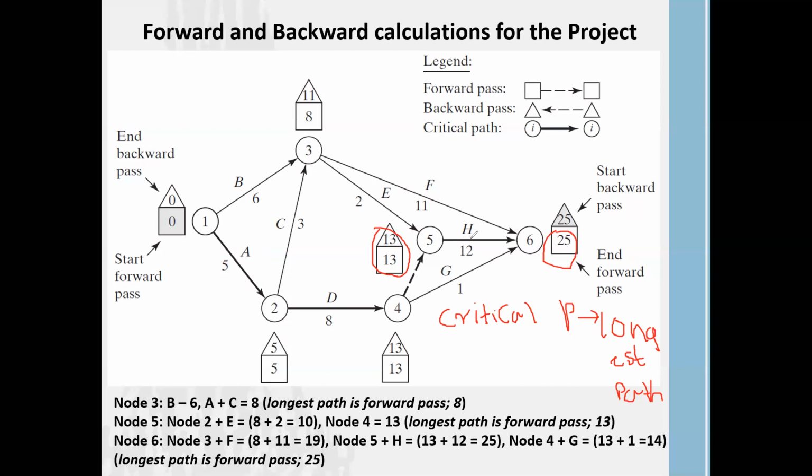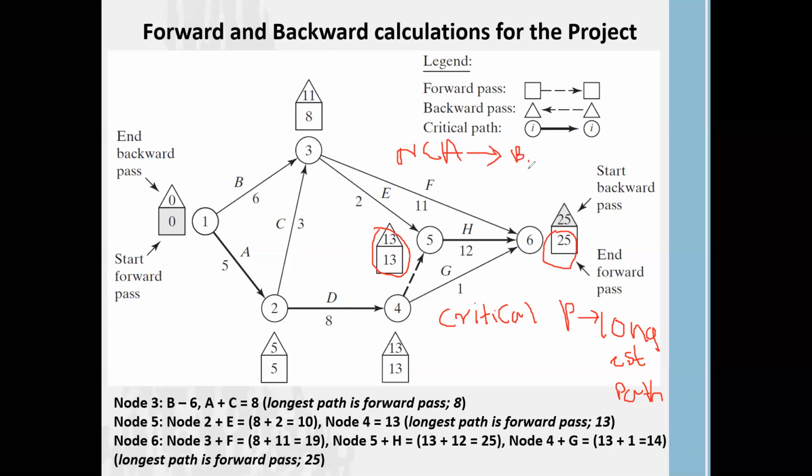They are very crucial activities for your project. If you delay activity A, D, or H, the completion of the project is going to be delayed. But remember, there are non-critical activities in this case. What are those non-critical activities?